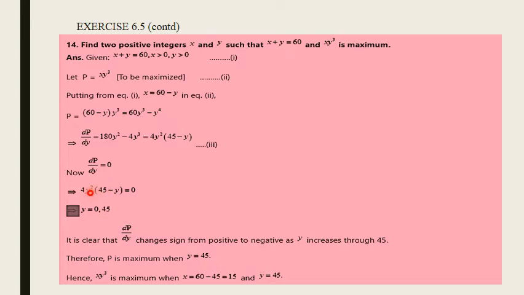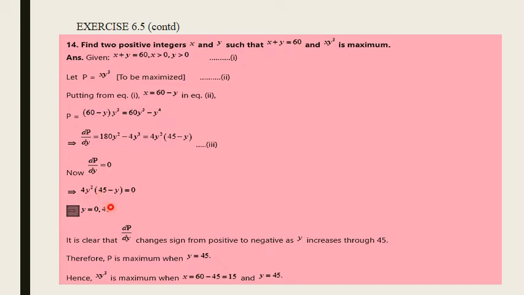If y is 44.9, this factor is positive, then 45 minus 44.9 is also positive. So on the left side of 45, the sign of dP by dy is positive. Now to the right of 45, maybe 45.01, this is negative and this is positive.